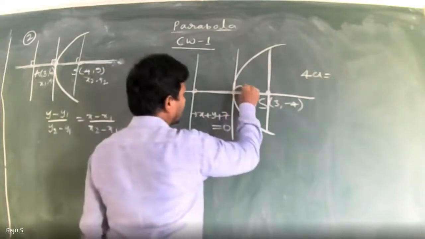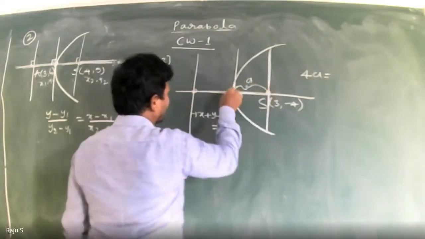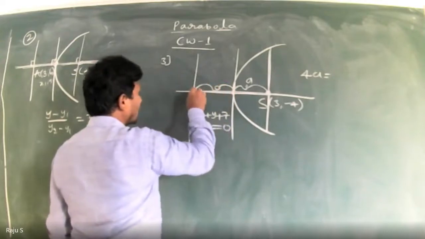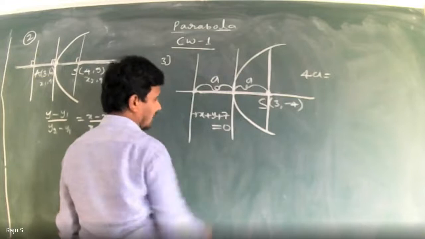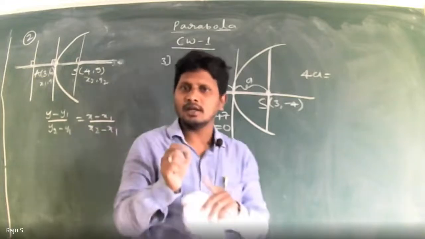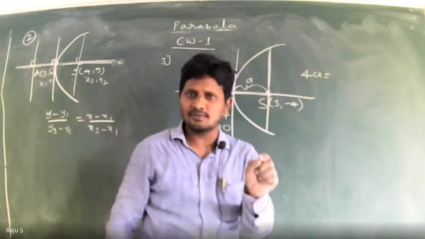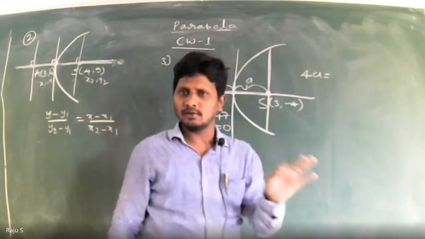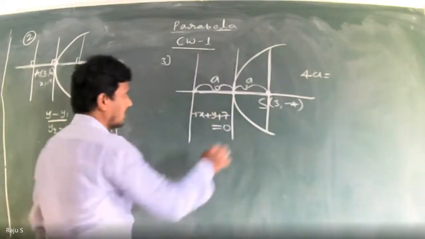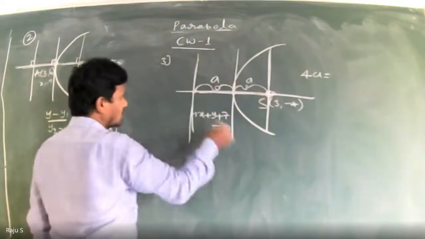If I consider this as a, this also becomes a. So 2a. Remember, the distance from the focus to the directrix, fixed point to fixed line, is always 2a.